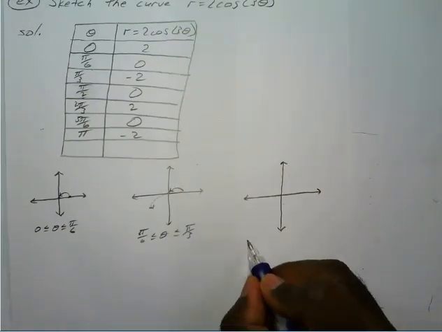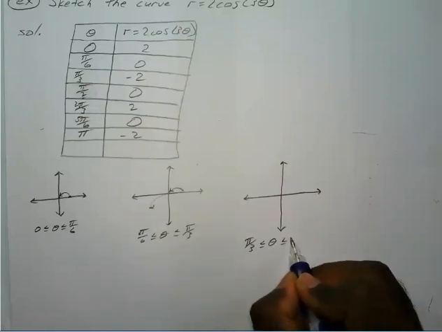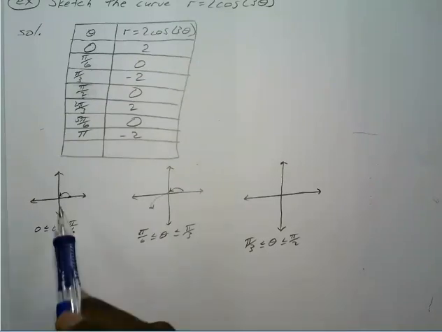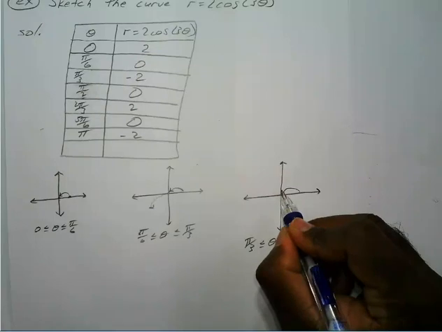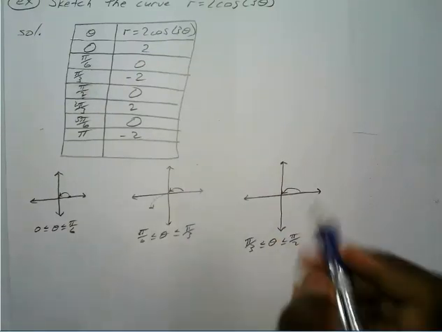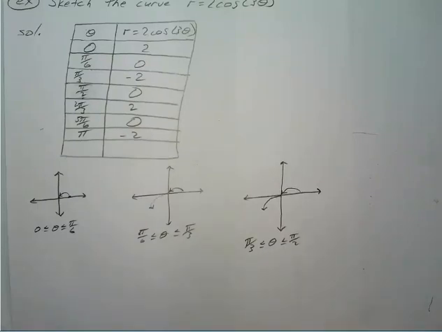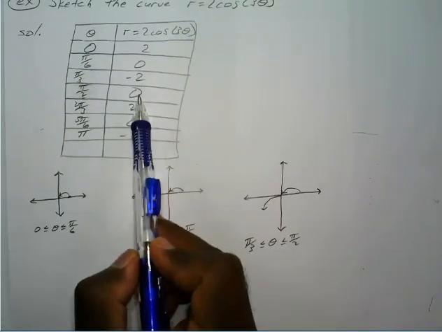Okay, so we have from pi over 3 to pi over 2. Okay, so we can see the first part of our graph looks like this. The second part of our graph looks like this. Now from pi over 3 to pi over 2, you have a radius from -2 to 0.